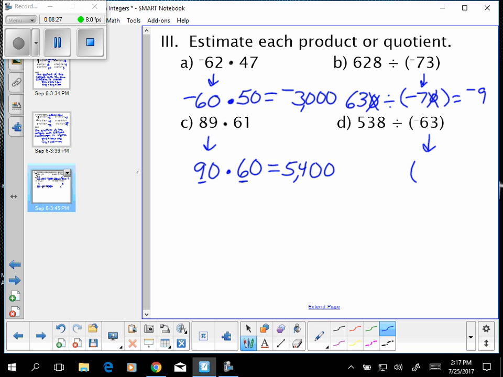Okay, let's look at D. I'm going to have negative 60. I need a number that's very close to 538 that's going to be a multiple of 60, or I can look at this and say, okay, 53 is the number formed by the hundreds and the tens here.